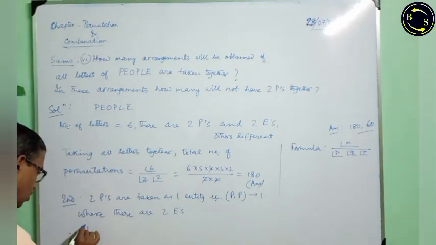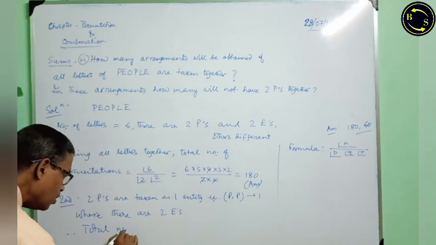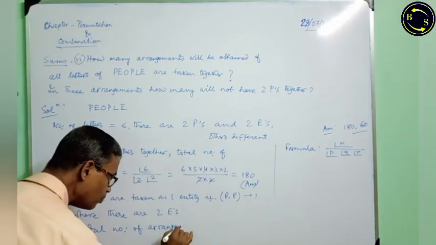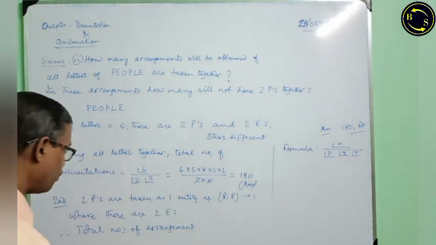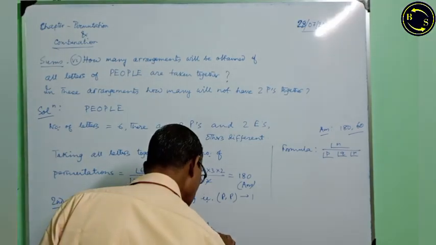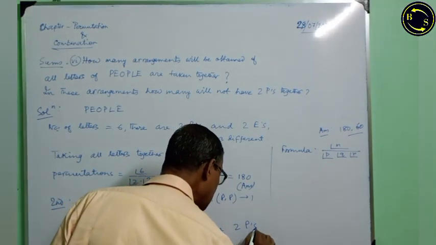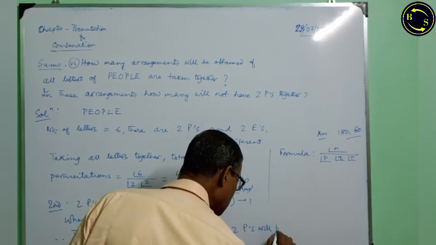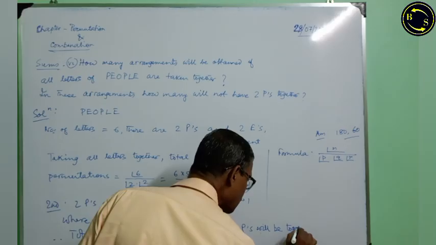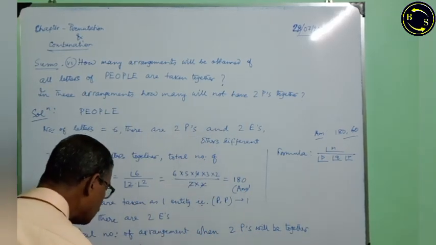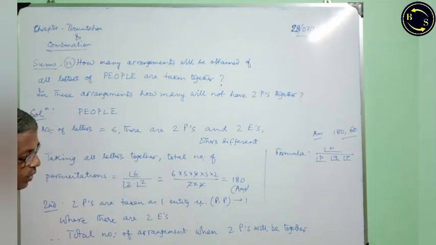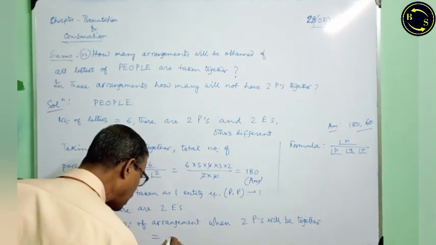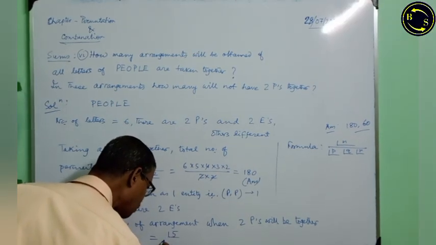Therefore, the total number of arrangements with P's together is equal to, now as we have taken 2 P's as one entity, the total number of letters will be 5, therefore that will be factorial 5.